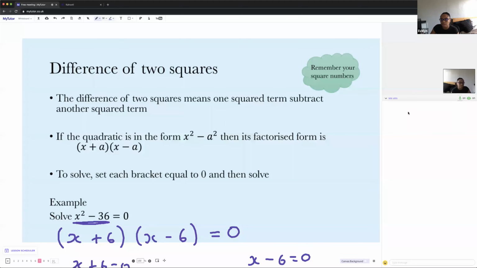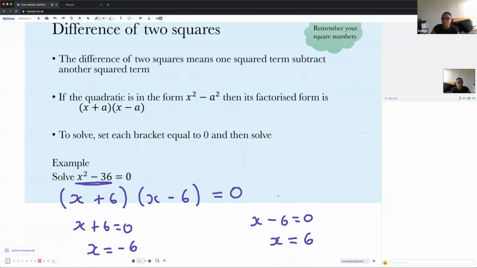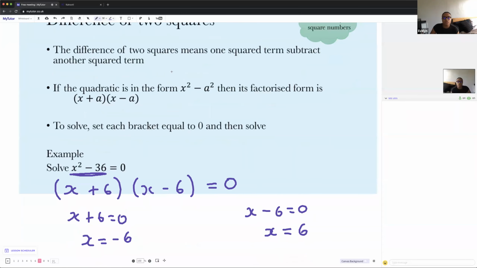Right. Does anyone have any questions about that? Right, someone asked, do you need to put the 0? That's a good question.